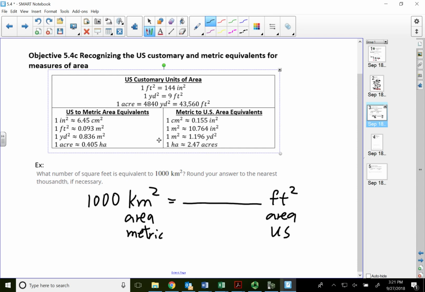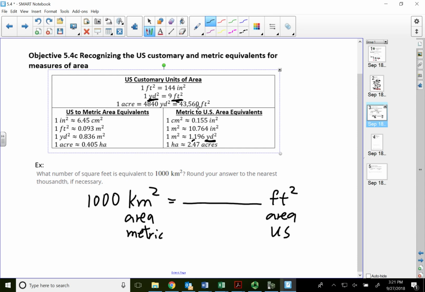So let's think about this. Square feet: the units that are bigger and smaller than square feet for U.S. are square yard and square inch. I need to end up in square feet. What happens if somehow these kilometers can take me to square yard, and then from square yard take me to square feet?